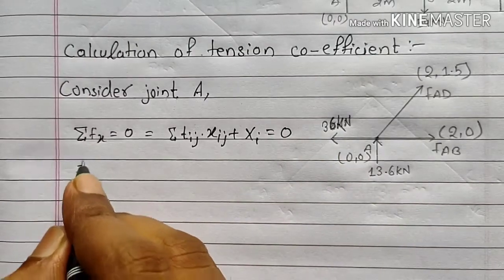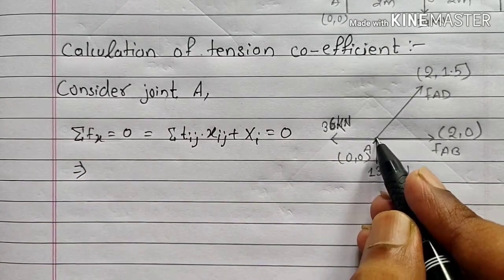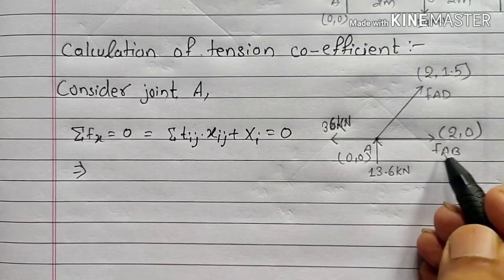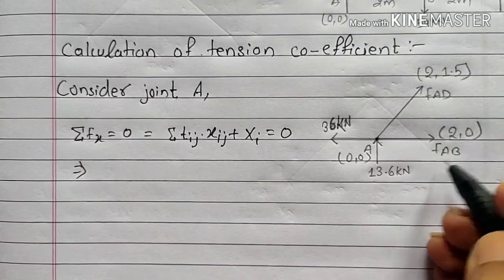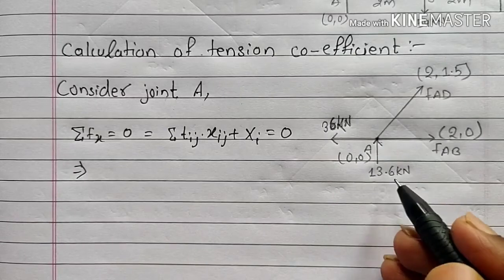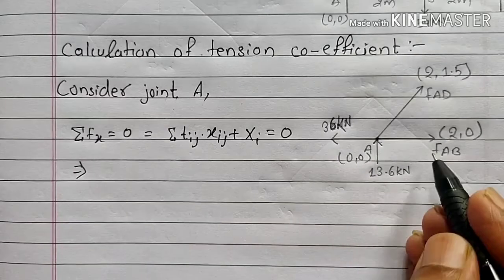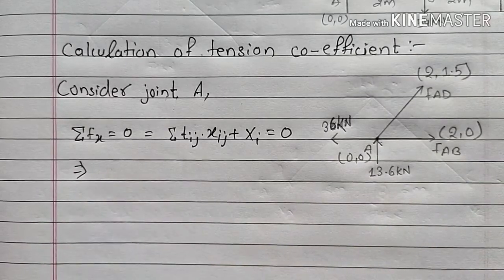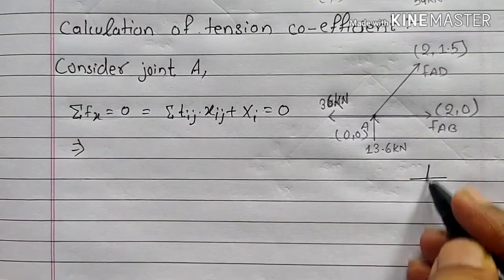So from here at point A, force FAB, 36 kilonewton and 13.5 kilonewton are acting, so along x direction we will have here, remember the sign convention.